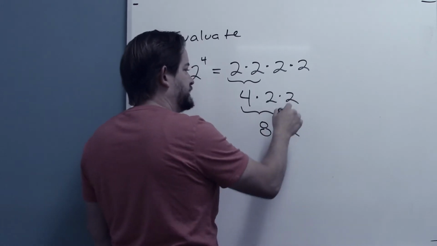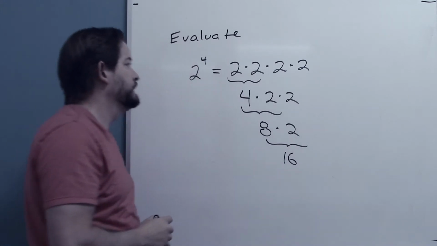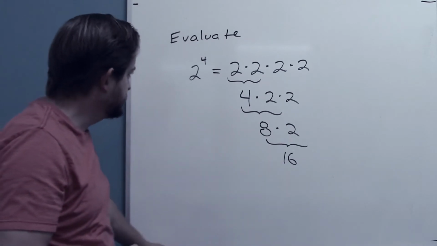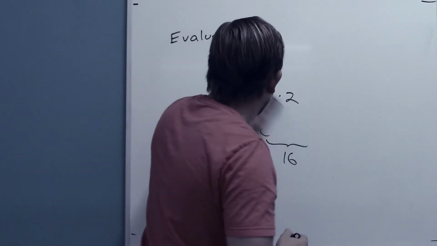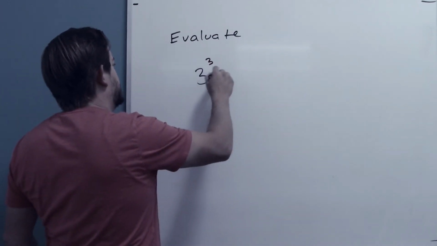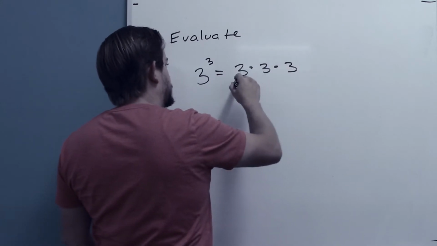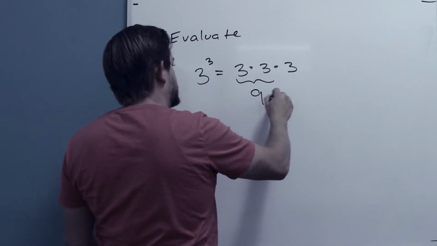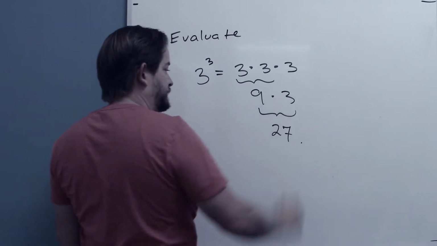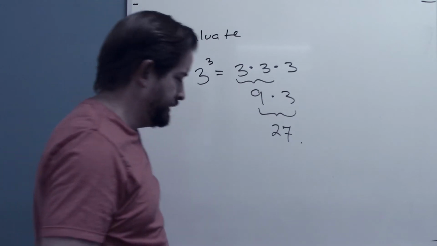Still multiplied by this last 2. And then 8 times 2 is 16, right? So 2 to the 4th is 16. 3 to the 3rd is 3 multiplied by 3 multiplied by 3. 3 multiplied by 3 is 9, times that last 3 gives me 27. Right? And we're done. It's been evaluated.